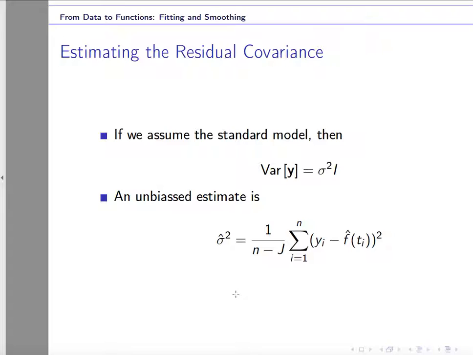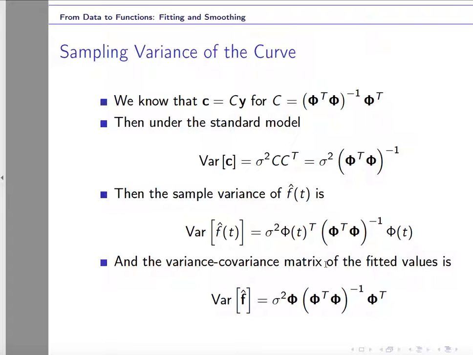Remember, in our model we assume the measurement error follows the normal distribution with mean 0 and variance sigma squared, right? So we can estimate sigma squared using the sum of squares of the fitted errors divided by n minus J. J here is the number of basis functions, which is also the number of parameters, the number of coefficients. This is an unbiased estimate for sigma squared.